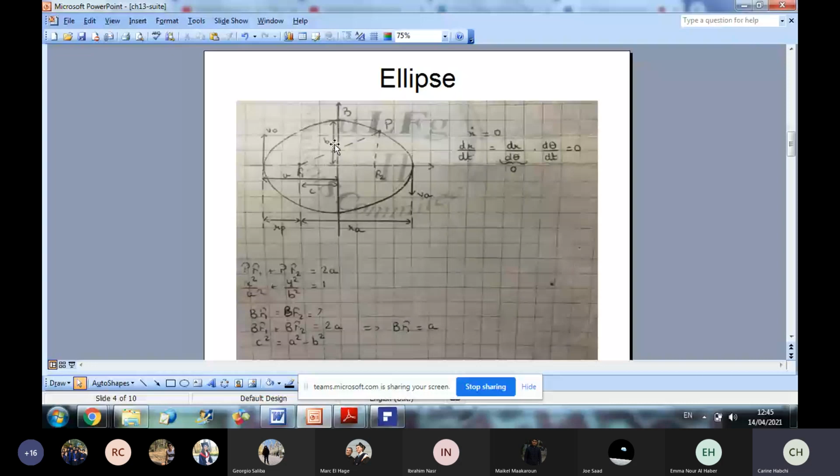we have in this triangle, it's a right triangle. BF1 is A, and I can say from Pythagoras theorem that A squared, which is this distance. So let me annotate it for you.